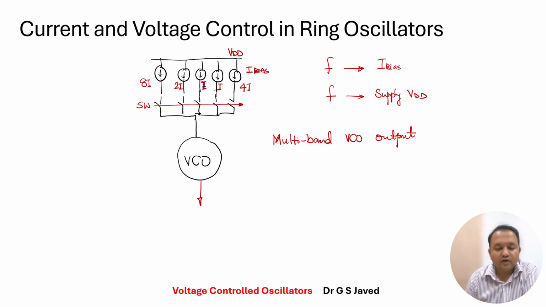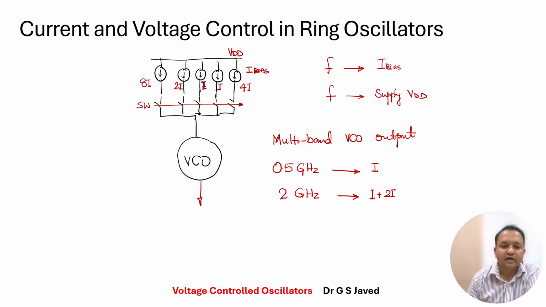Now, for example, if you want to design a 0.5 gigahertz output VCO, just selecting current I would suffice. If you want 2 gigahertz, you could probably use I plus 2I, and this 3I current will give you a 2 gigahertz band. Next, if you want, say, 5 gigahertz, it might come out to be 4I plus I. I'm just using an example.